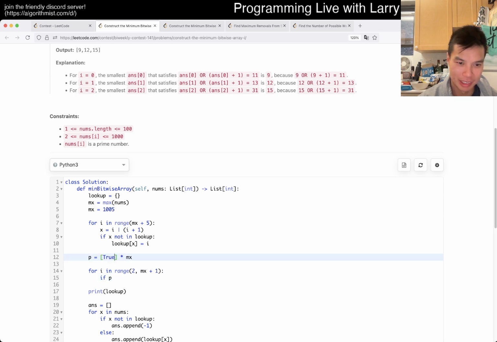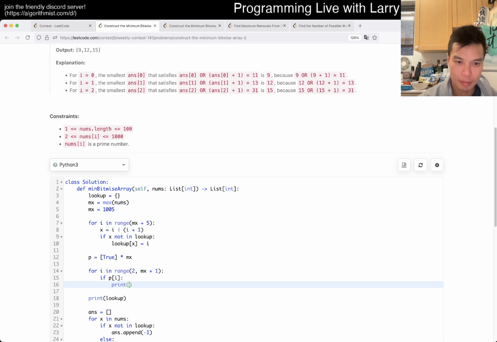Don't even know how to write a sieve. Look up a piece of i. Nope. What are you doing?